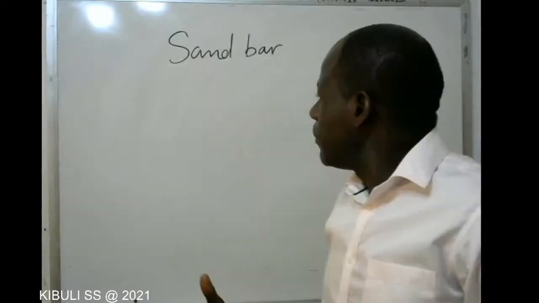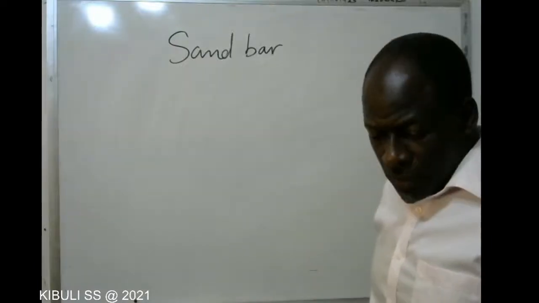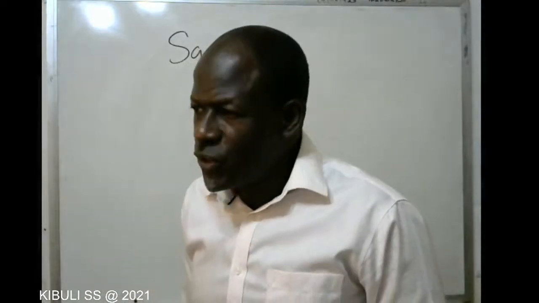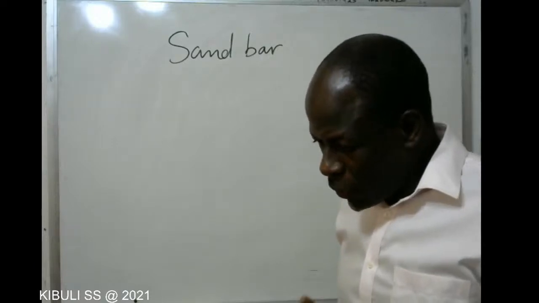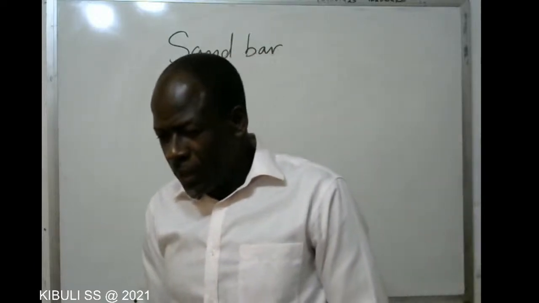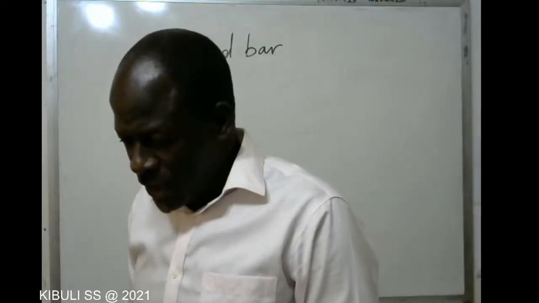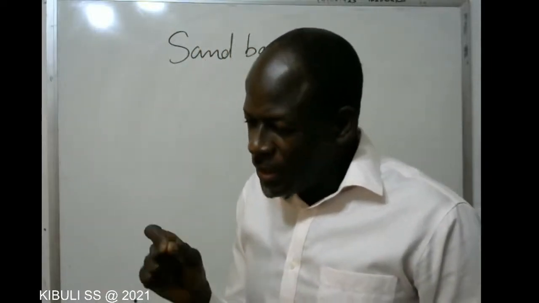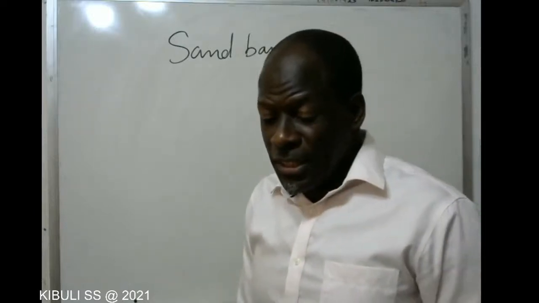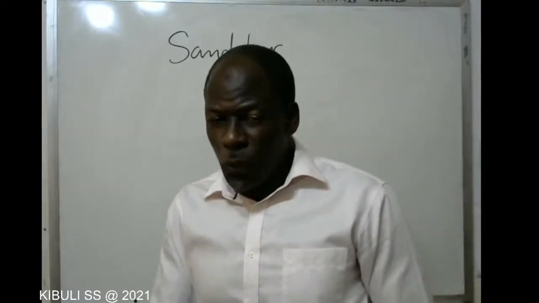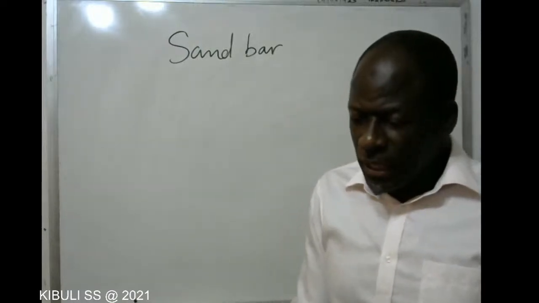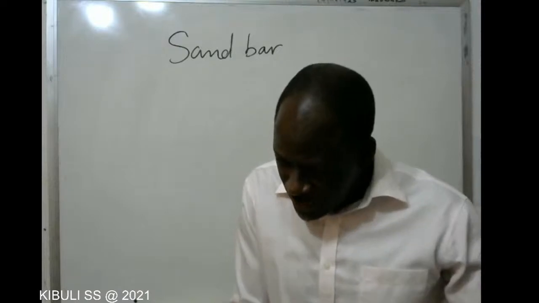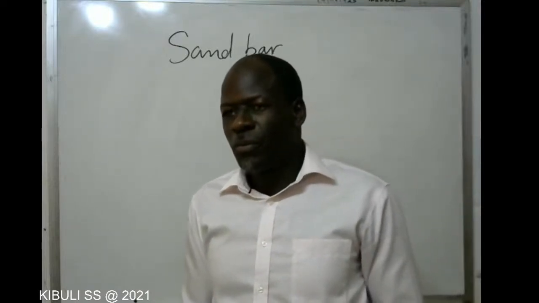Just like a beach, the sandbar is a kind of accumulation of sand, this time not at the coast, but near the coast, implying therefore that this accumulation of sand takes place within the water body, within the lake or within the sea, but near the coast.